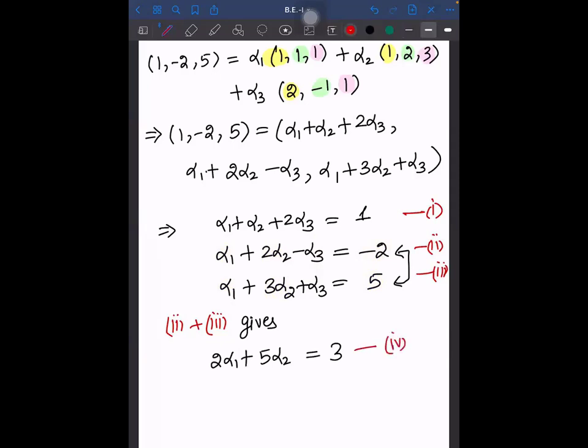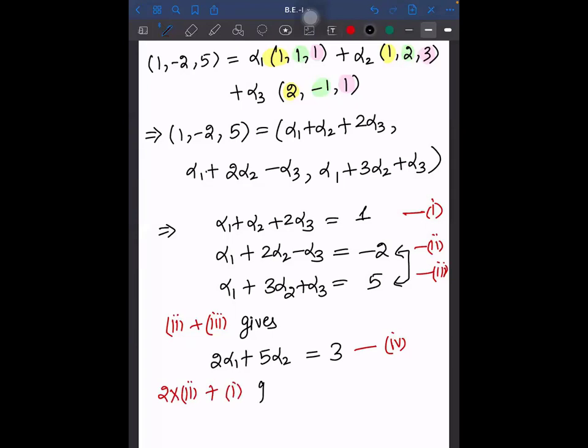Now we want another equation where alpha 3 is not present. So we'll solve either 1 and second or 1 and third. We'll use 1 and the second. We multiply the second equation by 2 and add the first.